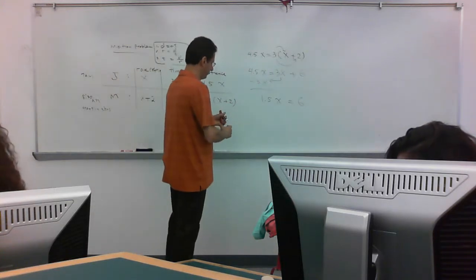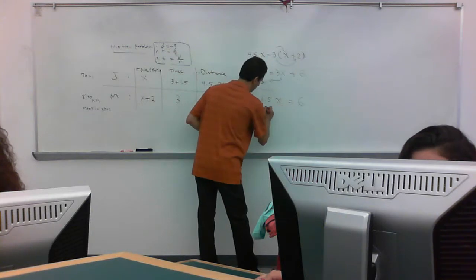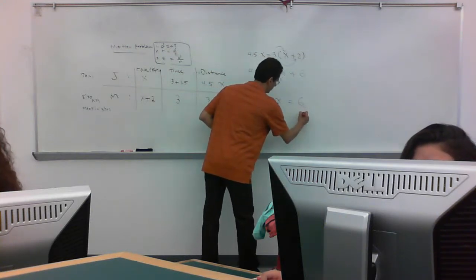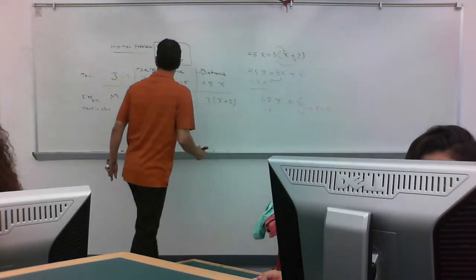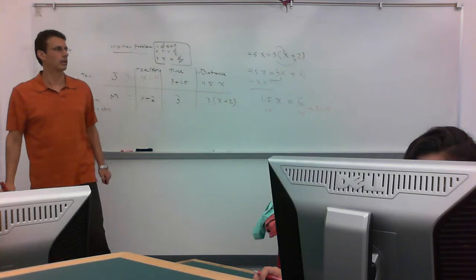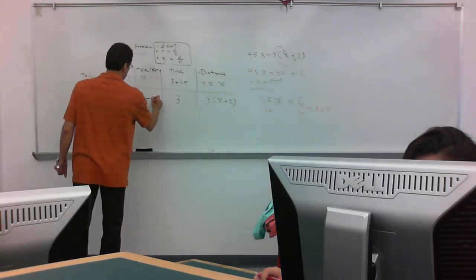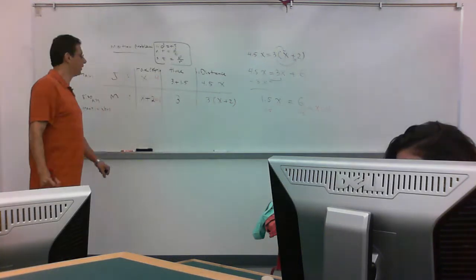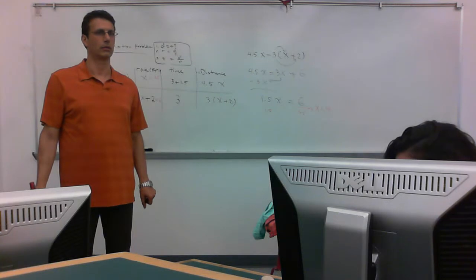What do you get? So therefore, John is doing 4 kilometers per hour, and Mary is doing 4 plus 2, or 6 kilometers per hour.